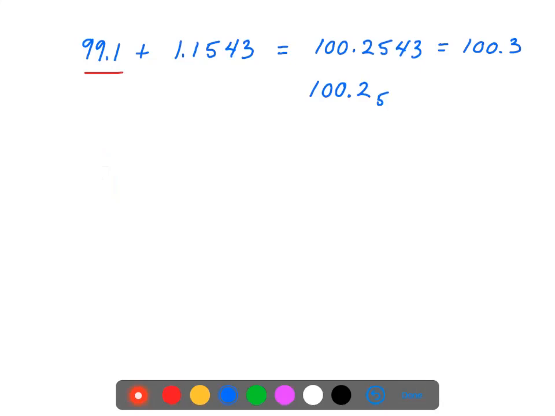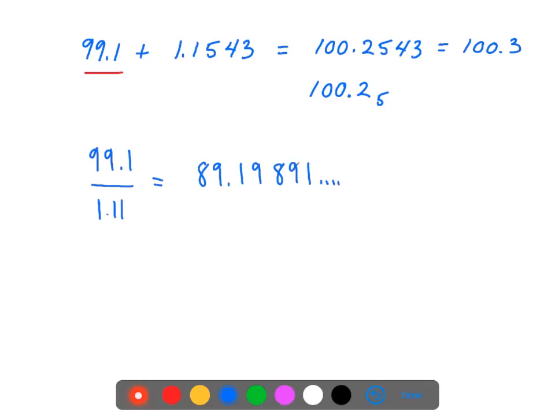Now for multiplication or division, again, the number of sig figs in the result is the same as the number in the least precise measurement used in the calculation. So if we were to look at this example, 99.1 divided by 1.11, the result of this calculation would be 89.19891 and so forth.